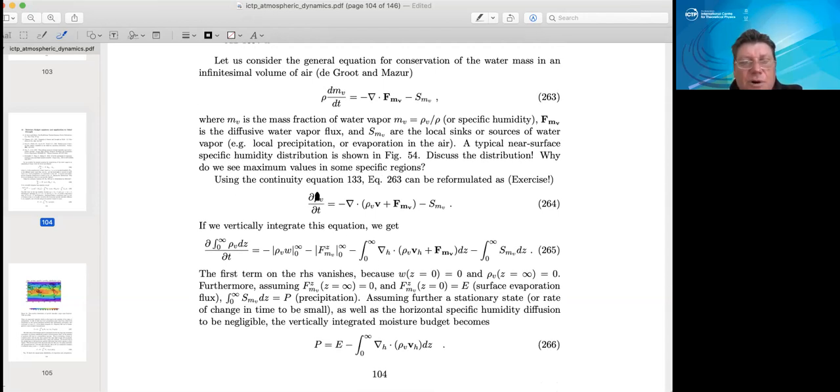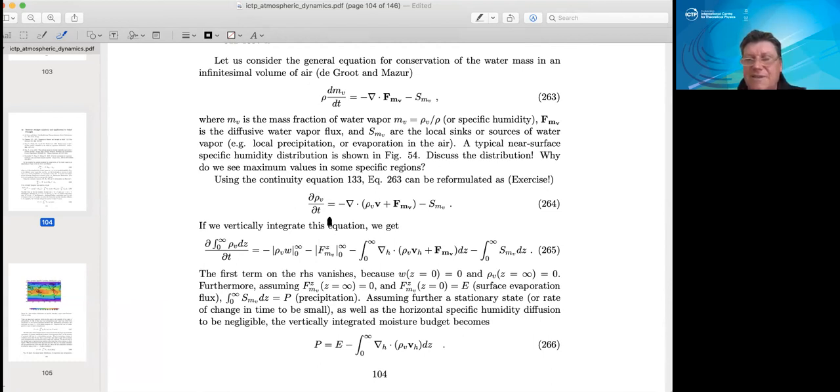Now, this is more convenient because we can now integrate vertically, because the dimension here is now kilogram per cubic meter of water. So if we integrate this vertically, we can get a quantity that is something like kilogram of water per unit surface of air.